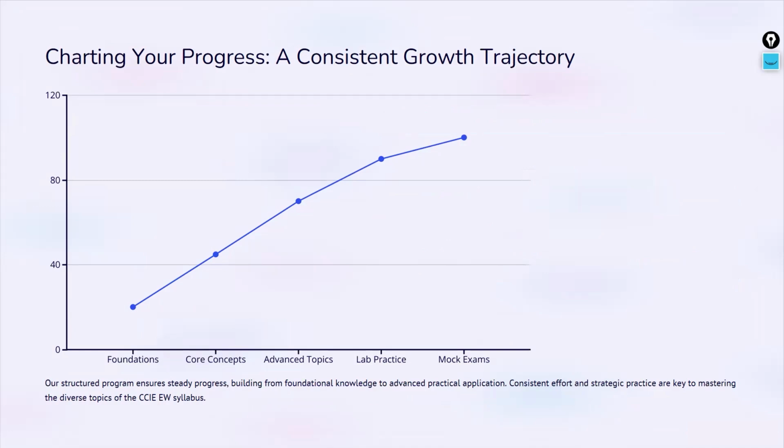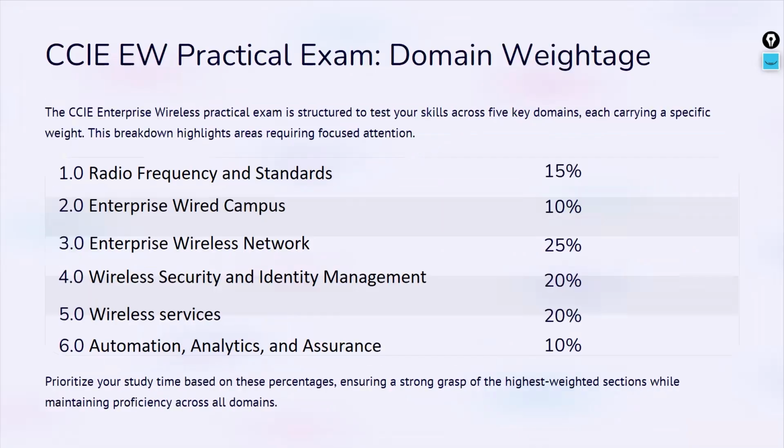Your practice sessions, rack sessions. We have an in-house lab, don't worry about that. We'll be giving you access to it. We'll be giving you all the necessary material. Earlier there was a book, but nowadays the CCIE Enterprise Wireless version 3 study guide is not sufficient.